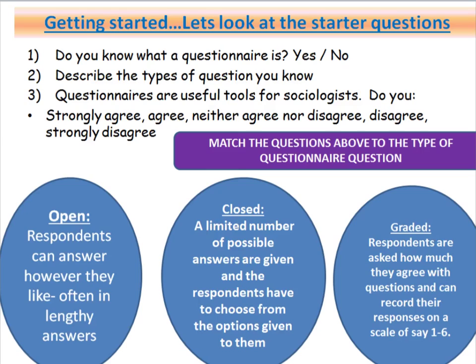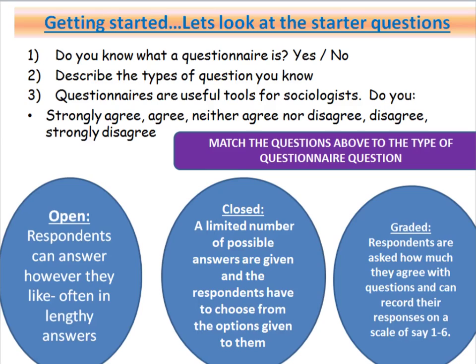Whereas closed questions are where we give the respondent a limited number of possible answers. So typically they're given boxes that they have to tick. So for example, this question, do you know what a questionnaire is, where you're given the option of yes or no, is a closed question. Graded questions are a particular type of closed question.